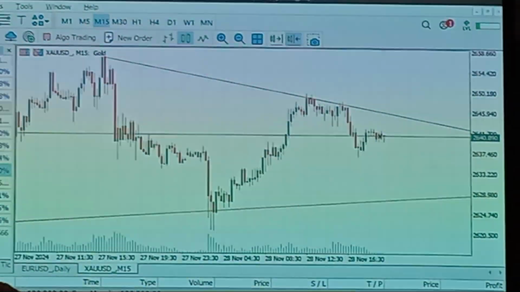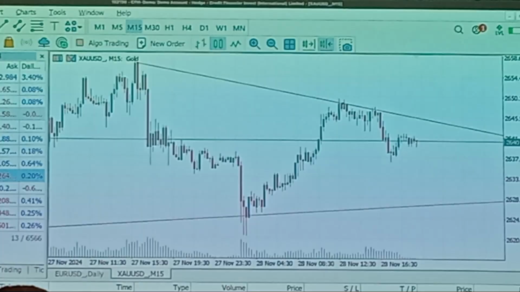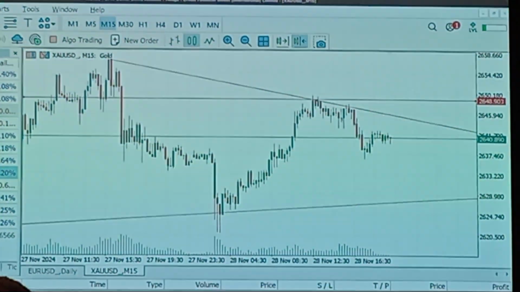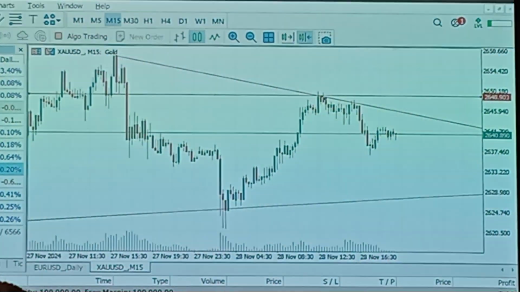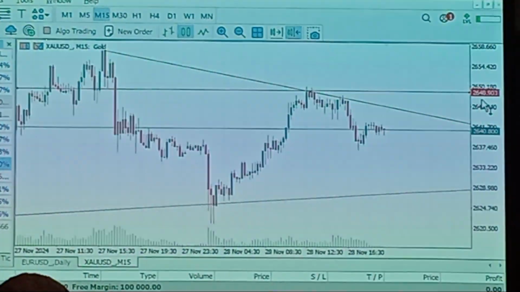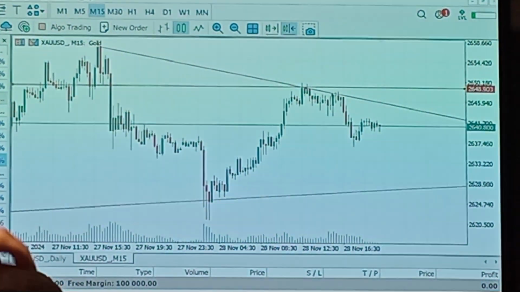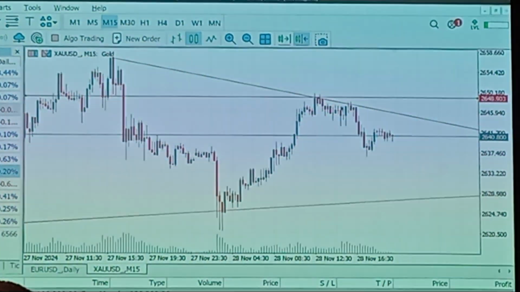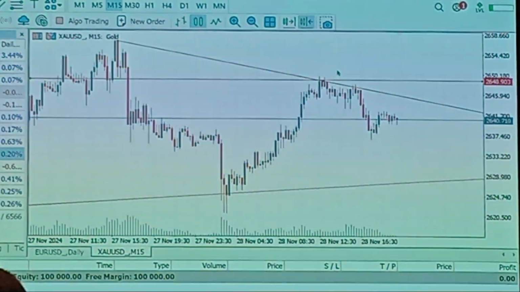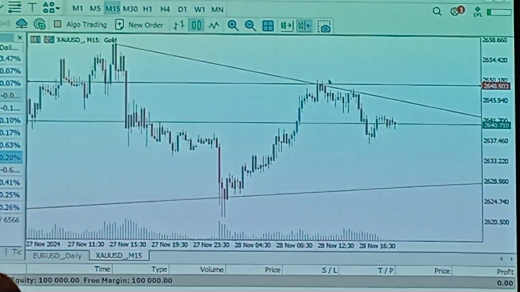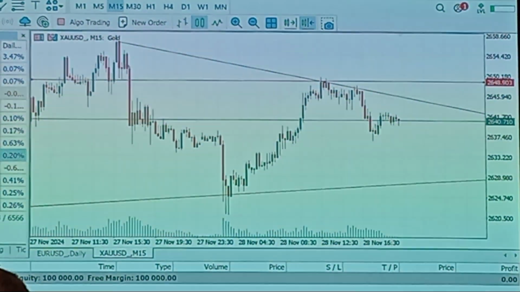If prices were able to breach on the short term, I'm talking on the short term, to breach the downward trend and the previous high, which is 2,648, on the short term, I can speculate that most probably prices will continue to the upside, so I will try to take a transaction, a buying transaction on that specific level.